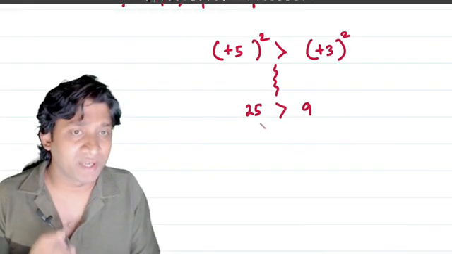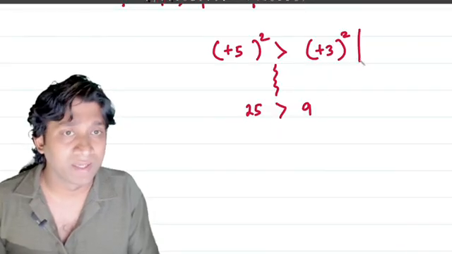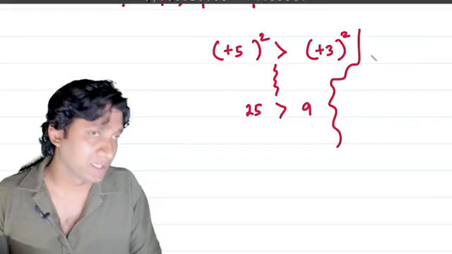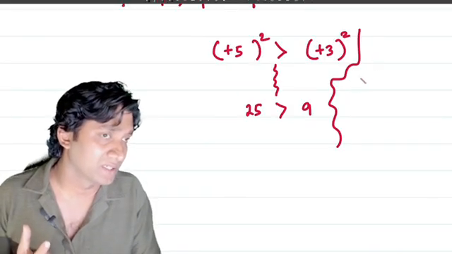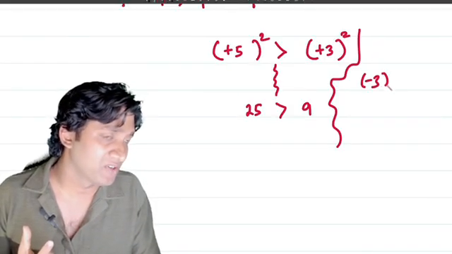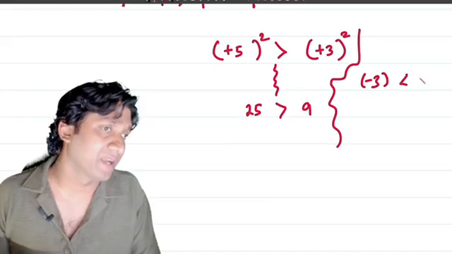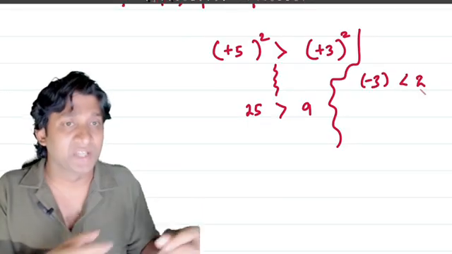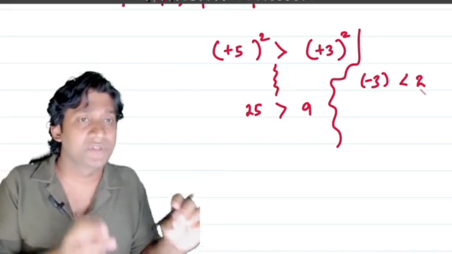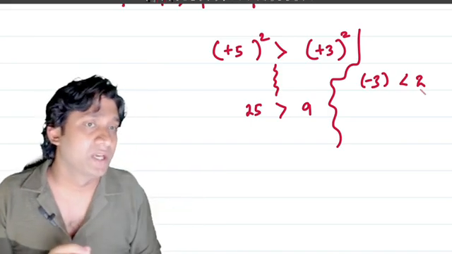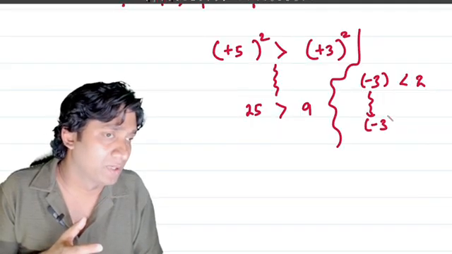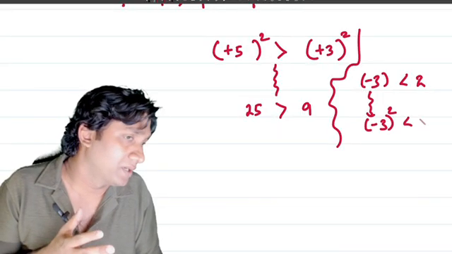This is a right inequality, but if you have at least one negative sign on one side, let's say -3 is less than +2, here you can notice you have one negative sign. At that time you are not allowed to do this simplification. Let's imagine that we do this simplification and make each side a square.